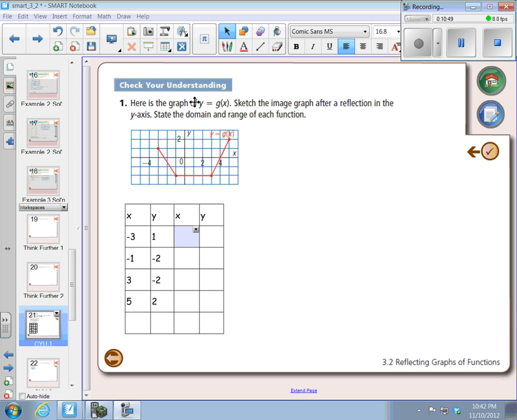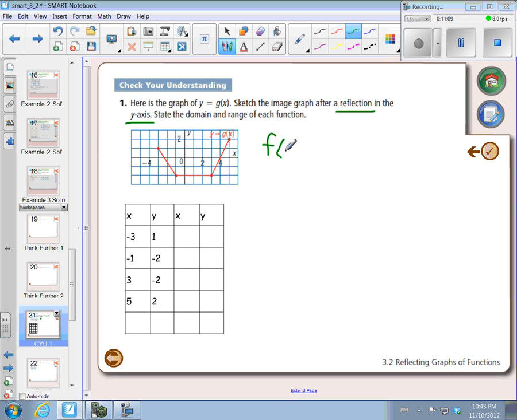Now, the question wants us to reflect this over the y-axis. So remember, the reflection over the y-axis is a horizontal reflection with a mapping rule of f at -x.